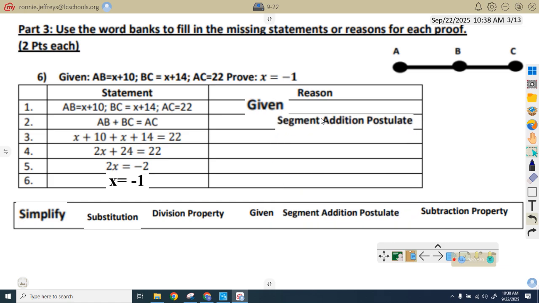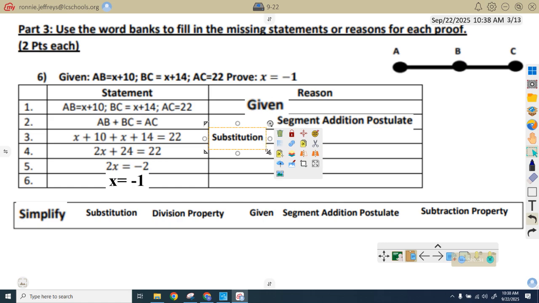Segment addition postulate. Now we go from their actual names to the algebraic expressions or values they have. We have substituted in for that.